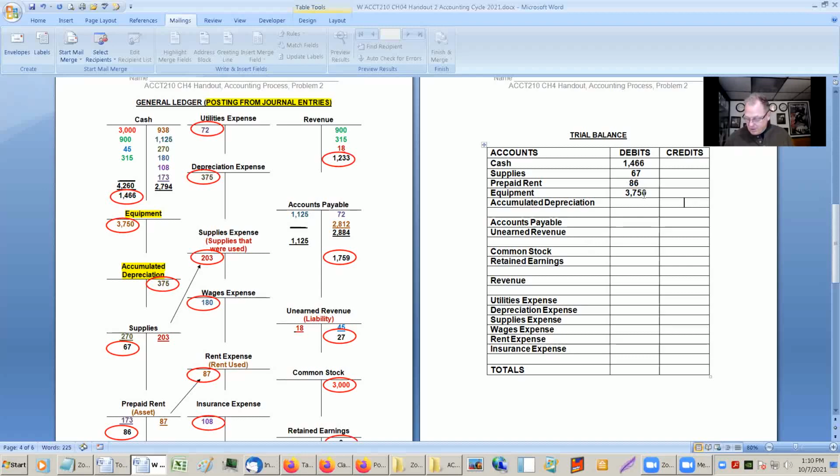Accumulated depreciation is going to have a credit amount. Now we're just going to add it up with the credits. On the balance sheet, we're going to subtract it, but for the debits and credits, we just add it up with all the other credits.